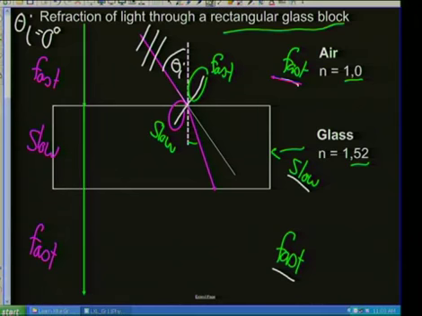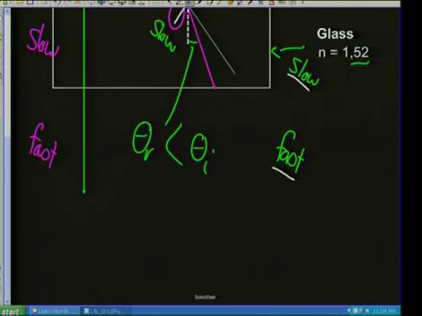This green line here represents the angle theta of refraction. And in this case, angle theta was smaller than the angle of incidence. Why? Because the wave was slowing down.